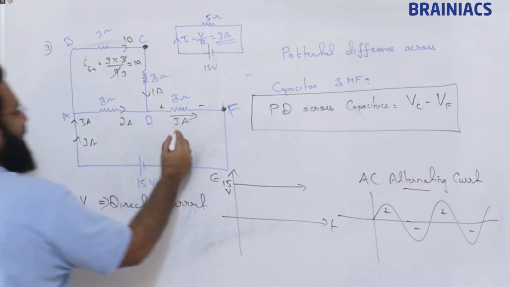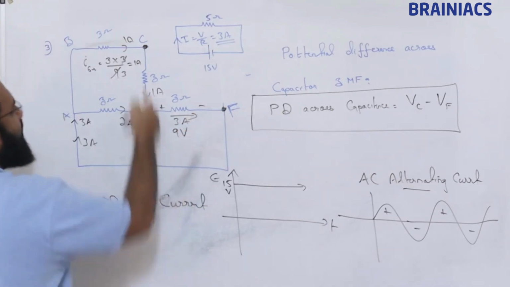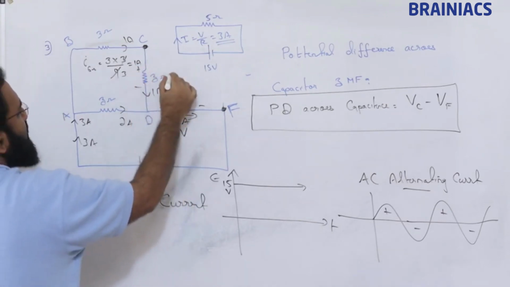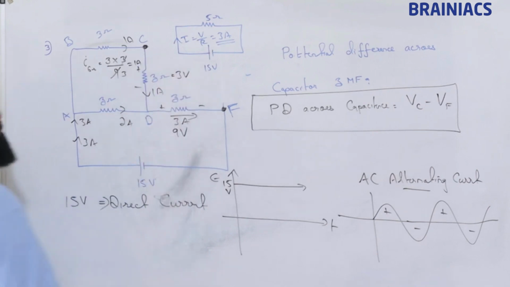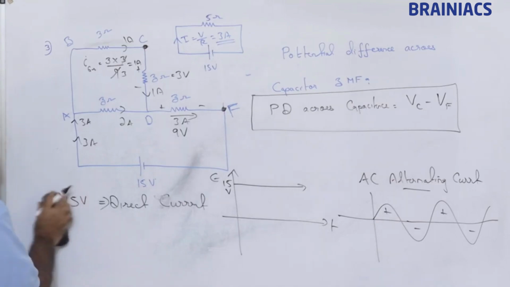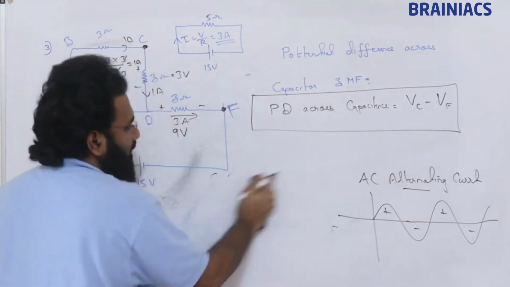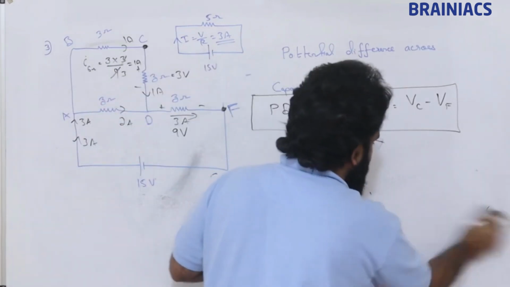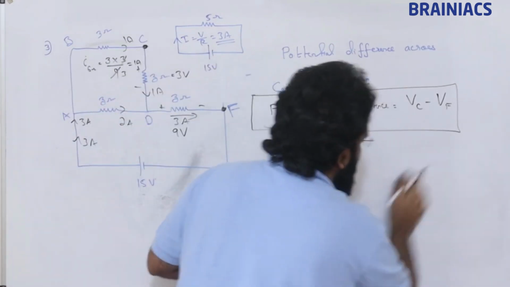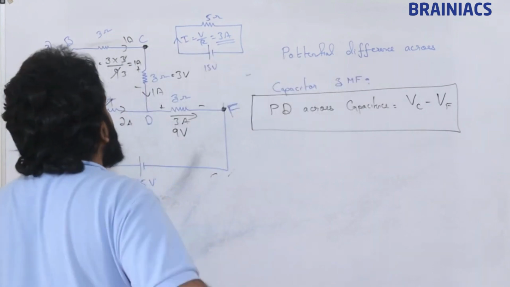So this is going to be 9 volt, 1 ampere is flowing, so this is going to be 3 volt. Now as per our basics which we have studied today, we will apply that and find the potential across the capacitance.